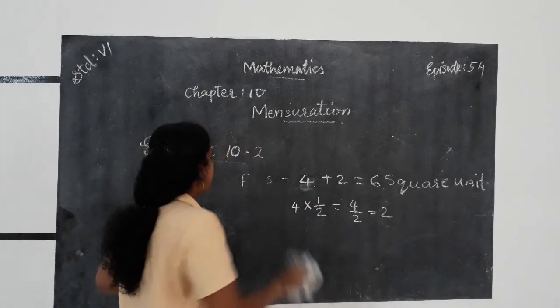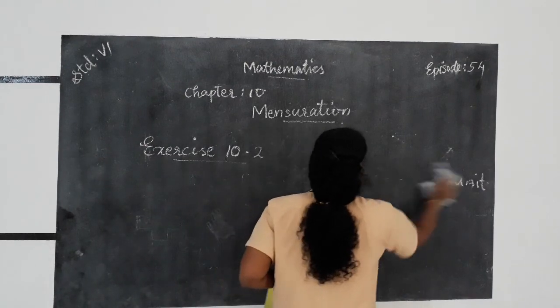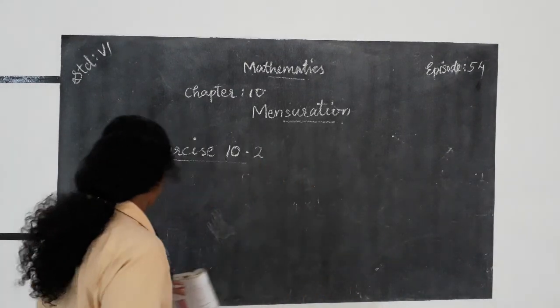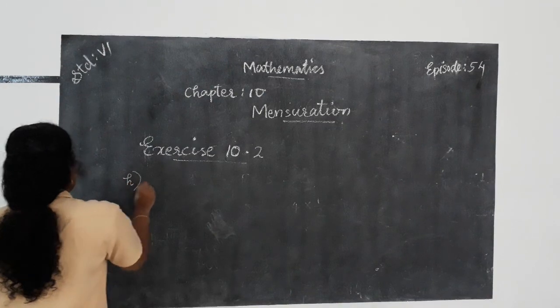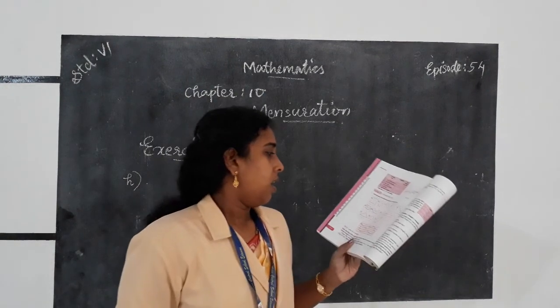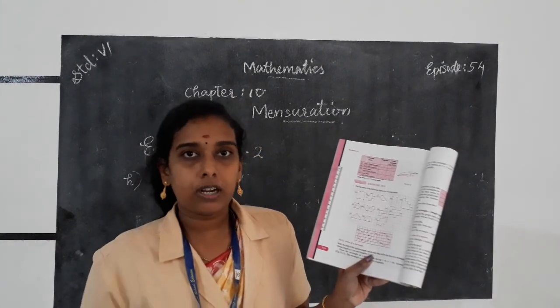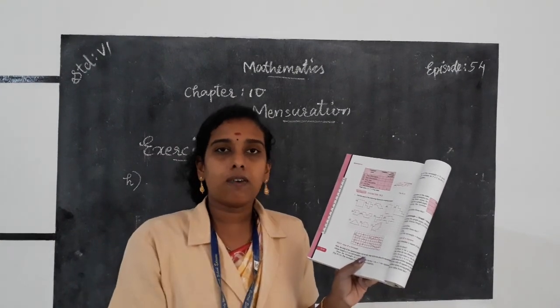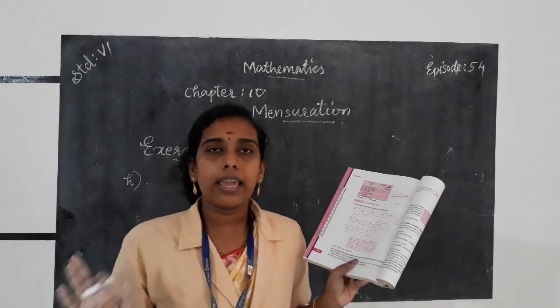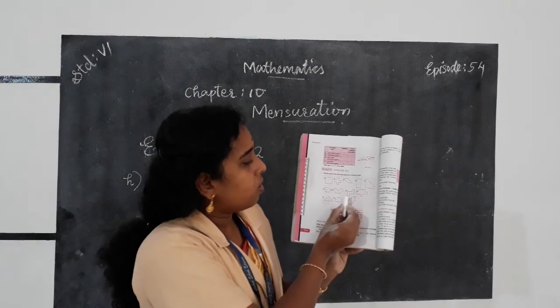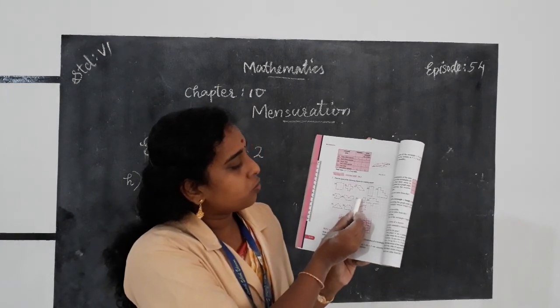Then question number H. In H, you can see that all the squares are fully filled. So you just count the fully filled squares, and the number of fully filled squares is the area of the given figure. So how many fully filled figures? 1, 2, 3, 4, 5.